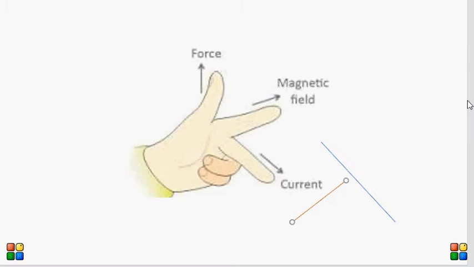Okay, magnetic field in red, and thus there is a force produced in the conductor in this direction.